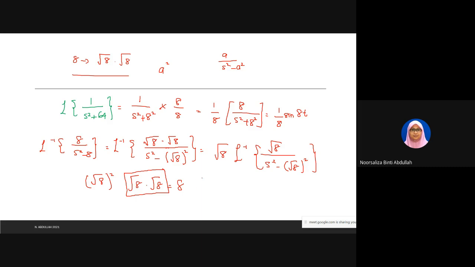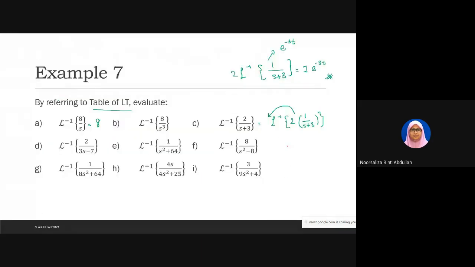So now is a square root 8 sinh square root 8 t. This one is your a. This one for a. Okay. Faham tak? Faham. Kalau faham kita tengok next.